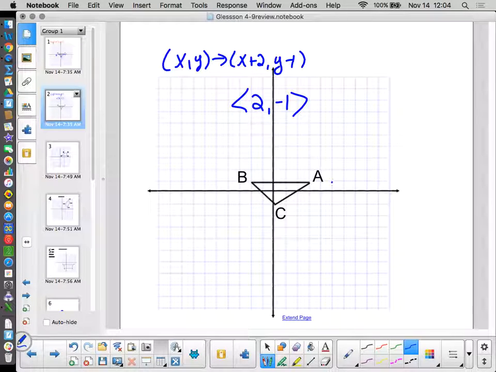That's my point. But you're right, it's 2 points to the right and 1 down. So 2 right, 1 down, there's A primed. 2 right, 1 down, there's C primed. 2 right, 1 down, there's B primed. And again, we label, draw. Nothing could be simpler than translation. Okay, very simple.